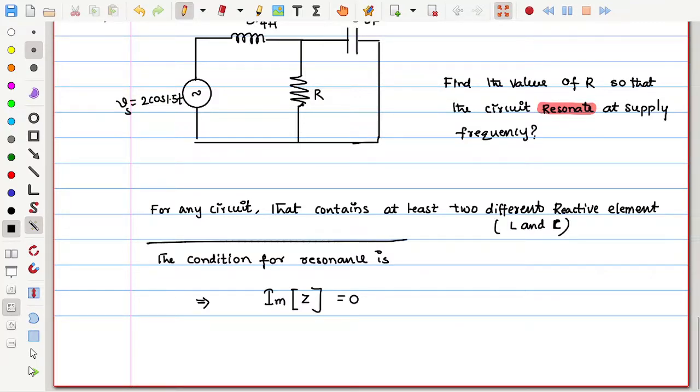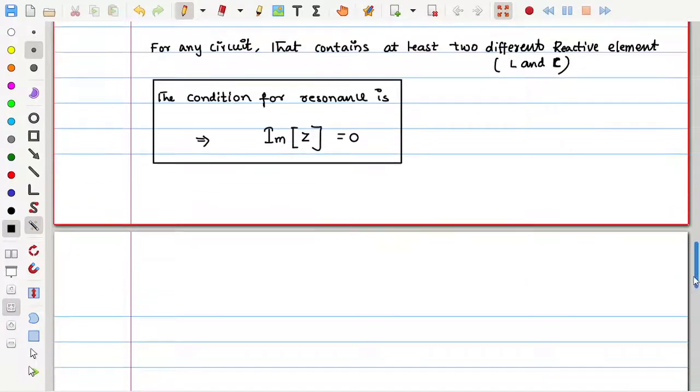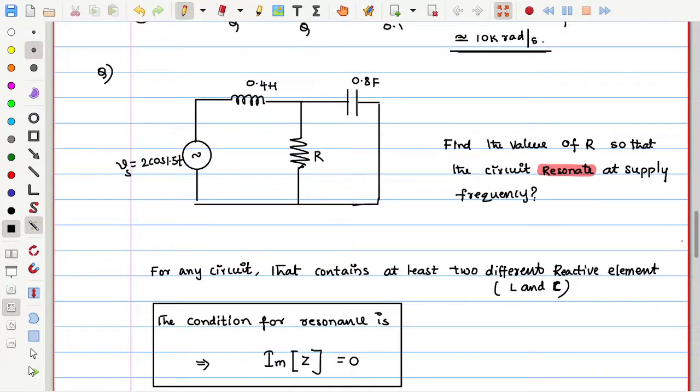This is very important. That's all. Now you can apply this for a series circuit also. Take the series RLC circuit, equate the imaginary part of the impedance to 0, and you will get the resonance concept. Now apply this concept for this circuit.